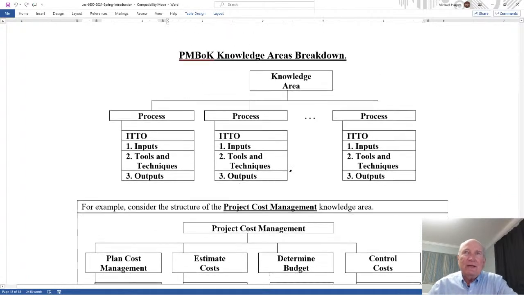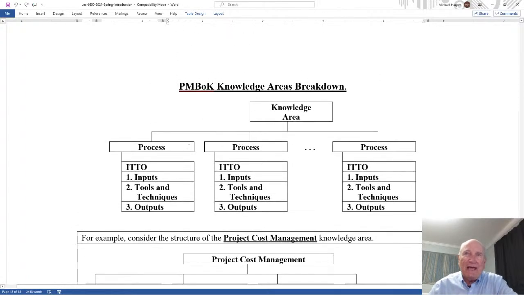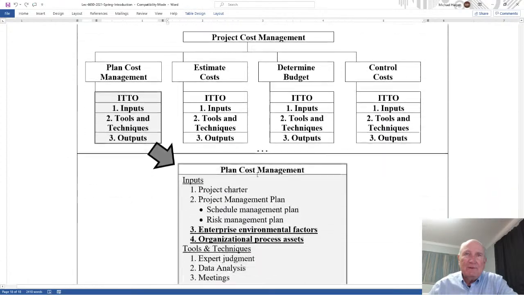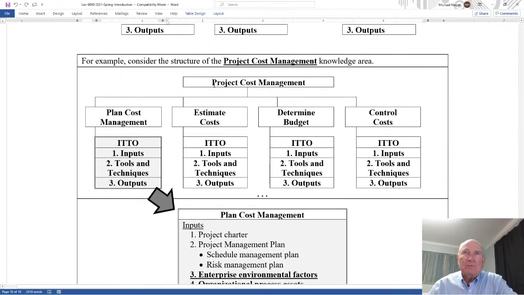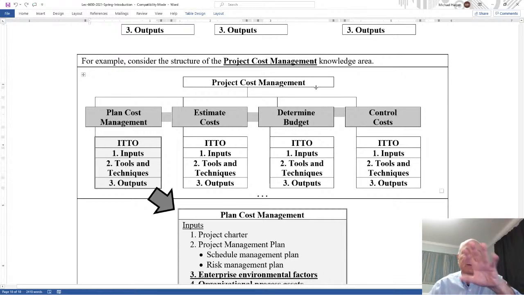Okay, as an example here, I mentioned the knowledge areas will be broken out like this. As an example, the project cost management, as you'll see in the PMBOK guide, they'll have 4 processes: plan cost management, estimate cost, determine budget, and control cost. These are processes within the project cost management knowledge area.